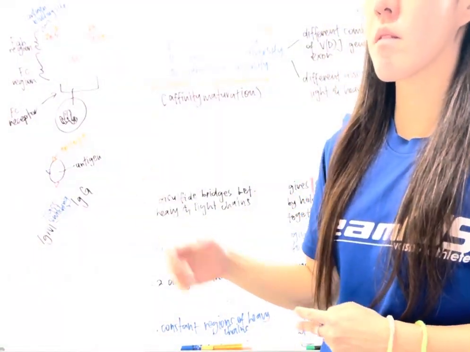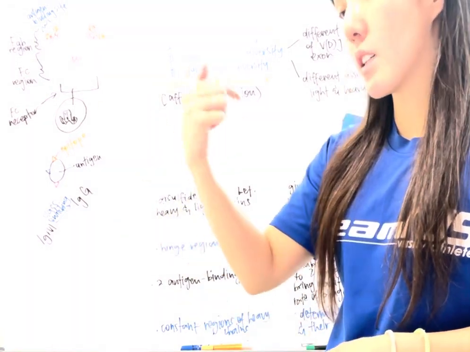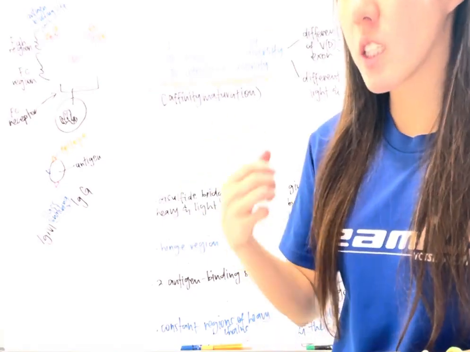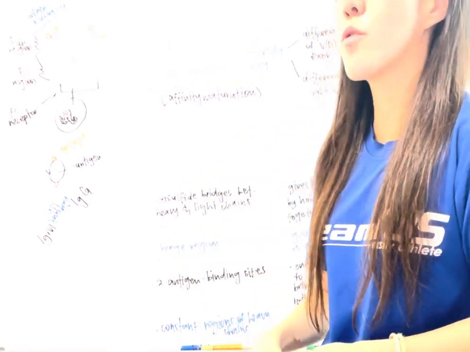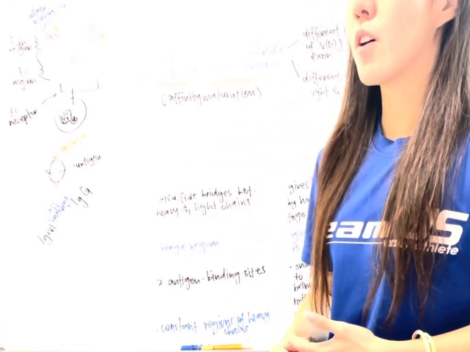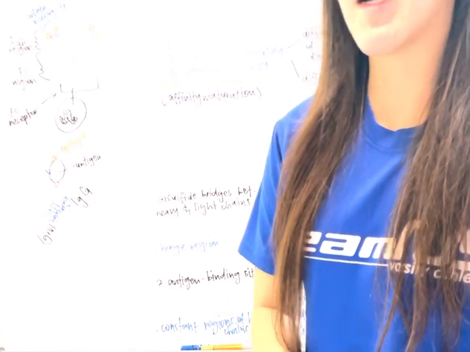Same thing for the light chain. You can also write in the next bullet point: VJ gene segments rearrange to form a VJ exon for the variable domain of the light chain.